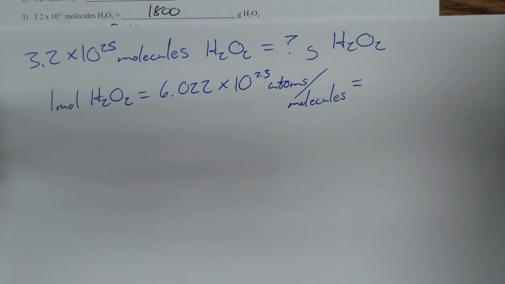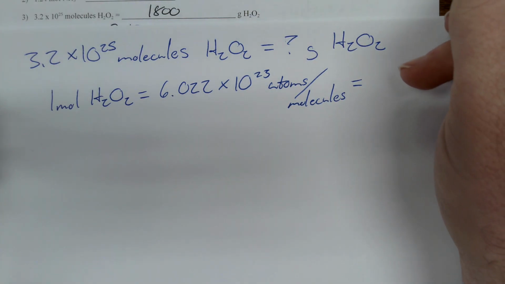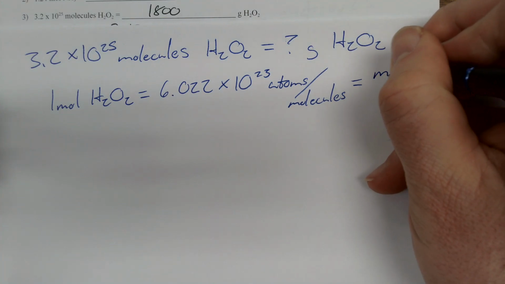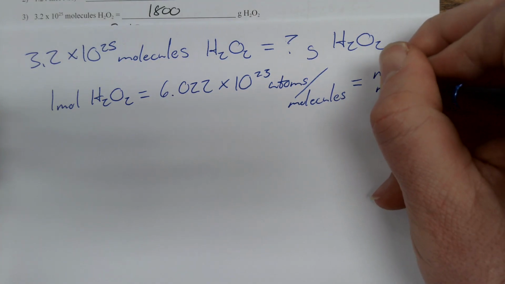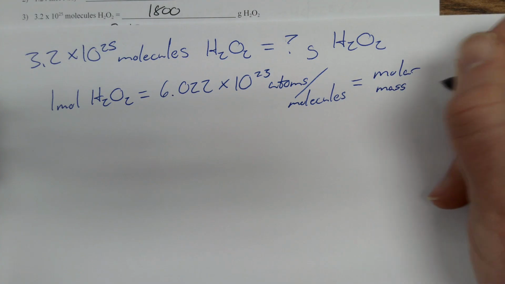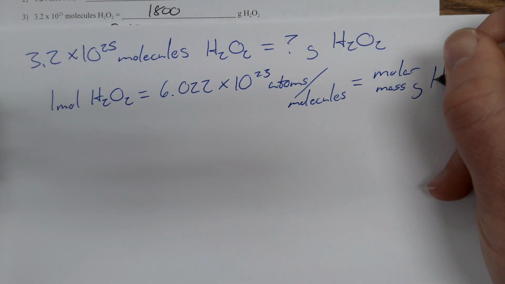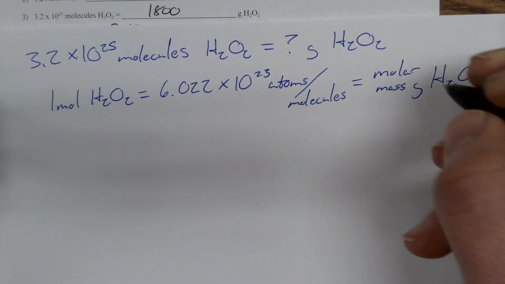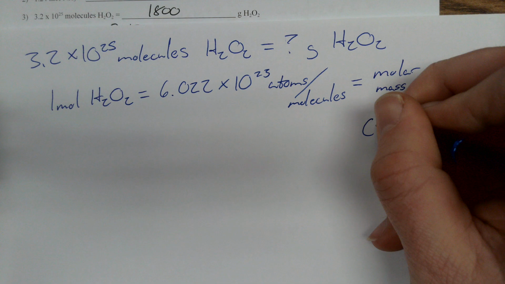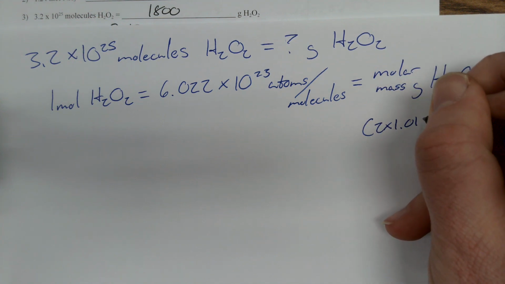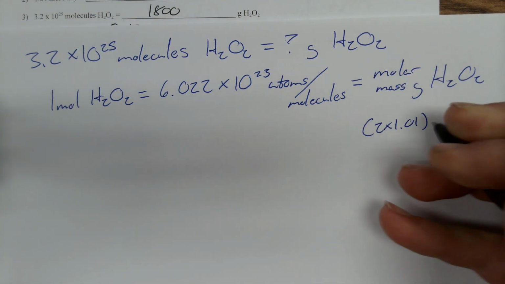I also know, in order to get the molar mass in grams for H2O2, I have to write that out. There are 2 times 1.01, because it's H2, right?